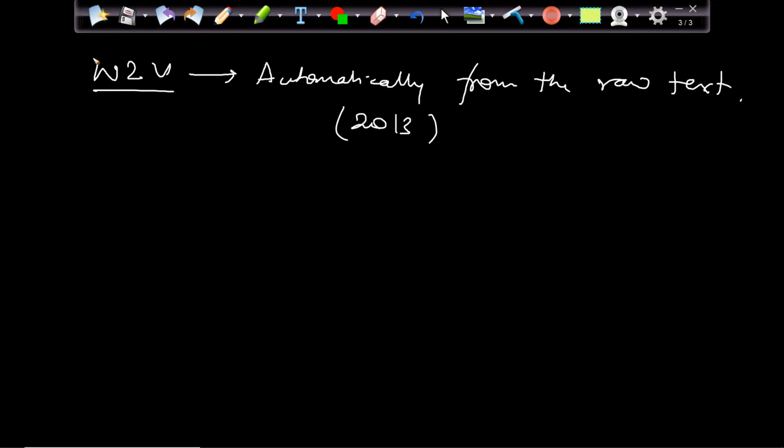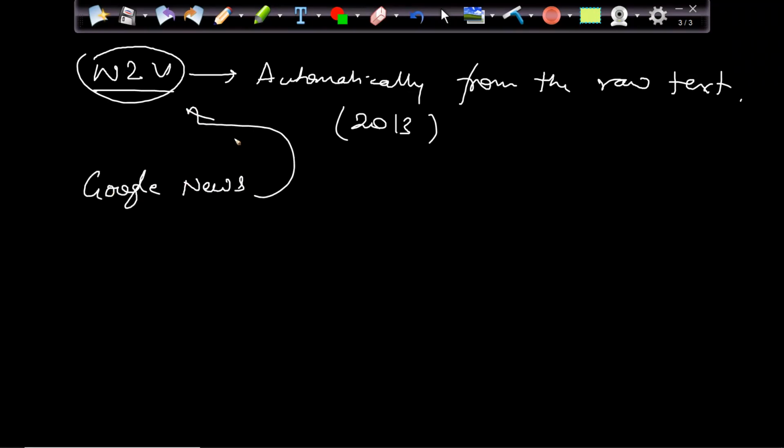Now obviously to train this Word2Vec, I require a huge amount of data. So what Google is doing is Google is sharing Google News data in the algorithm. They have a huge amount of data set already coming from Google News.